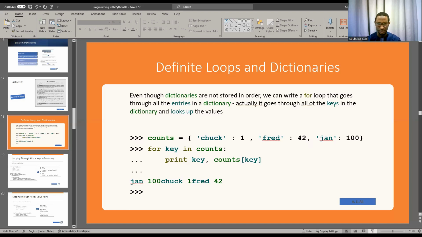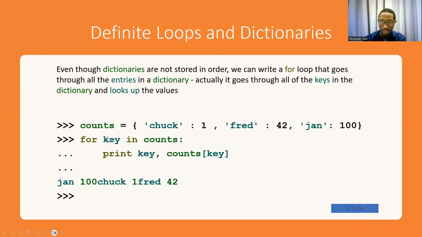Assume we have a dictionary called counts, which has information of people with the count of some value they are holding. Let's say Chuck is holding the number 1, Fred is holding 42, and John is holding 100.